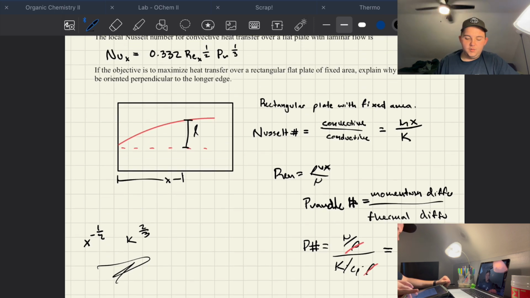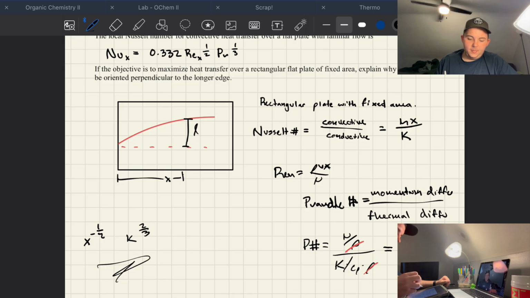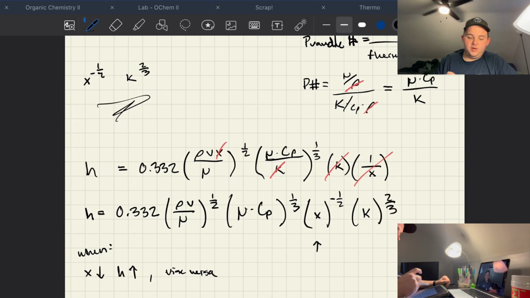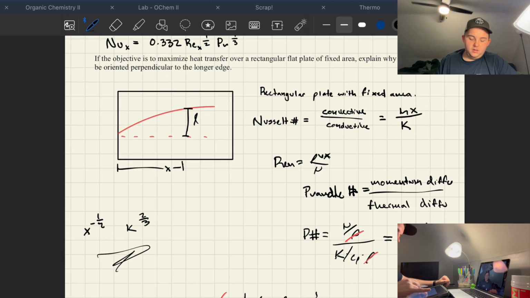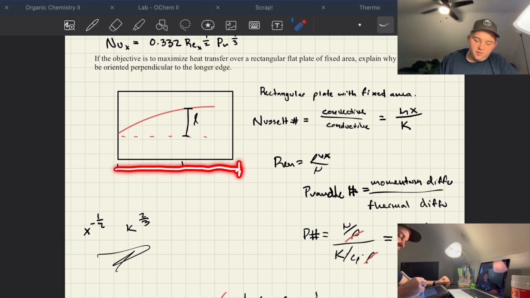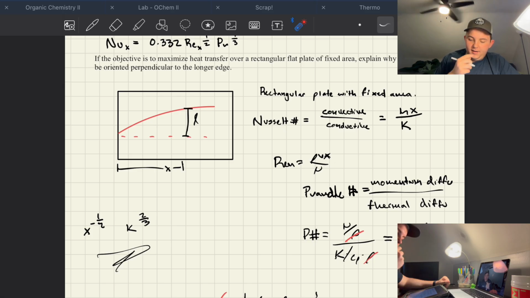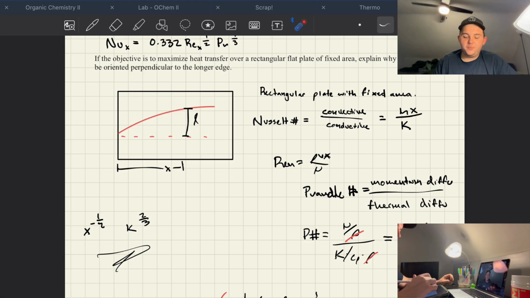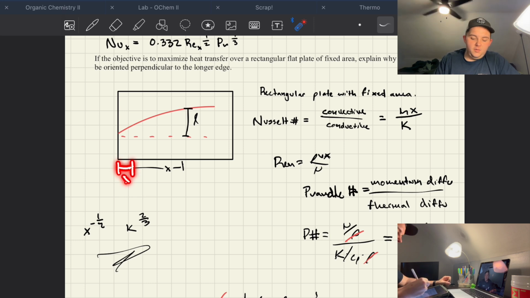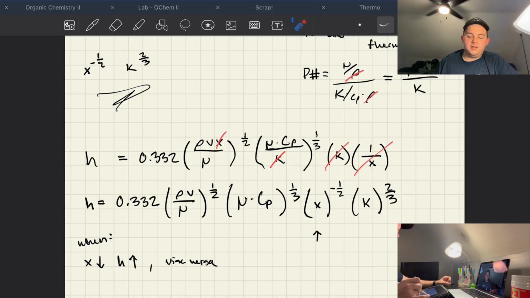So in order to maximize this heat transfer, we're going to want a very small x value. What that's showing is the further and further we go out on our x, the lower and lower our heat transfer is going to be. So say we have an x here, our heat transfer is going to be maximized.